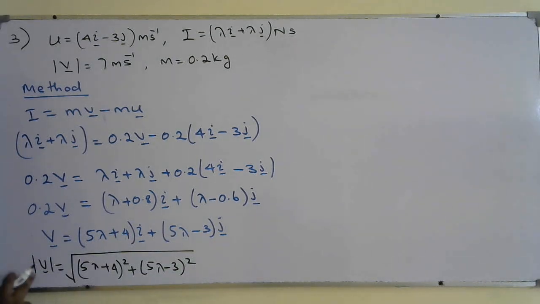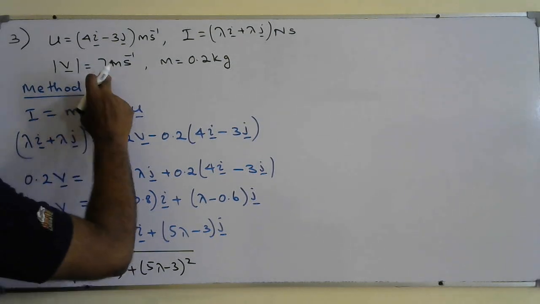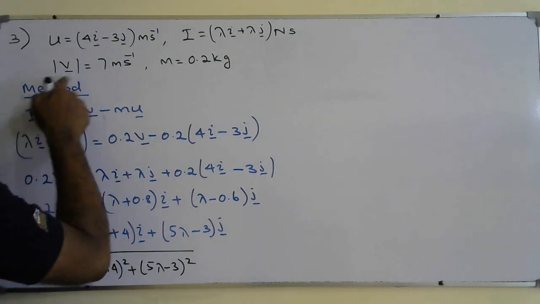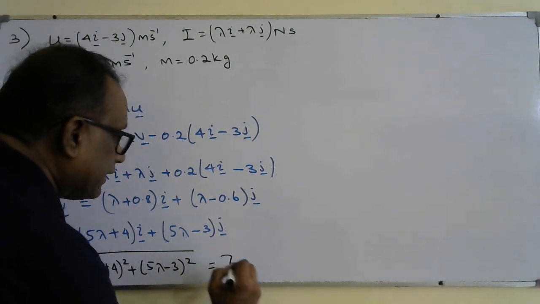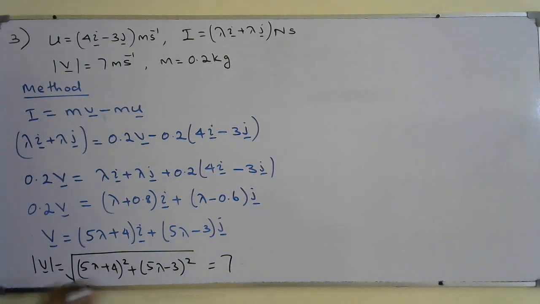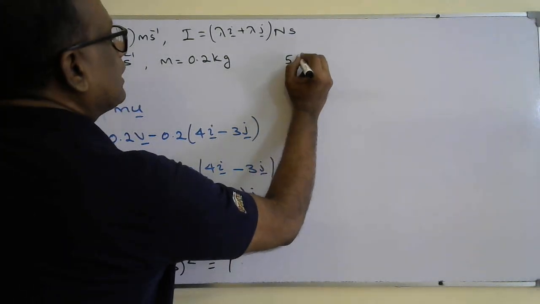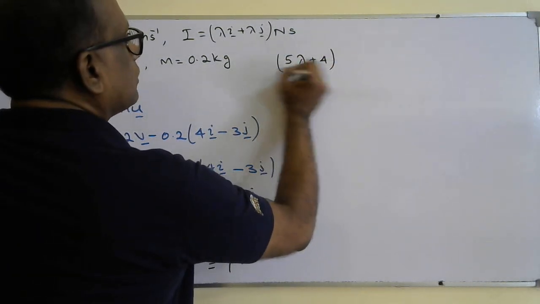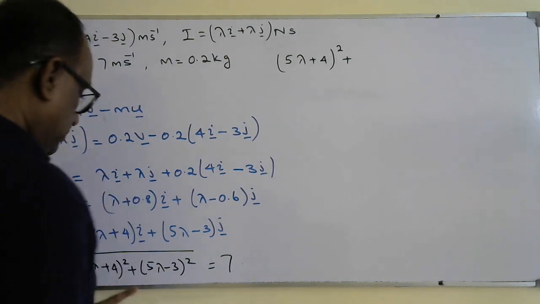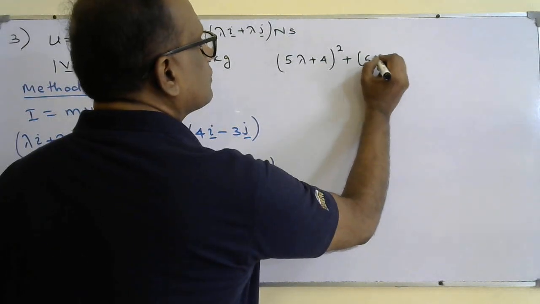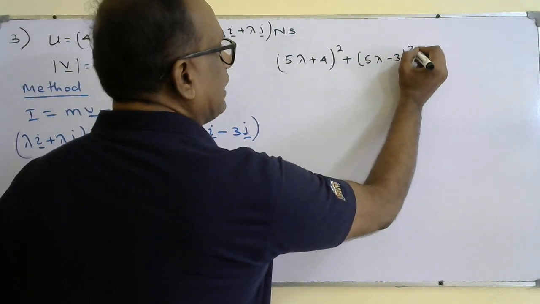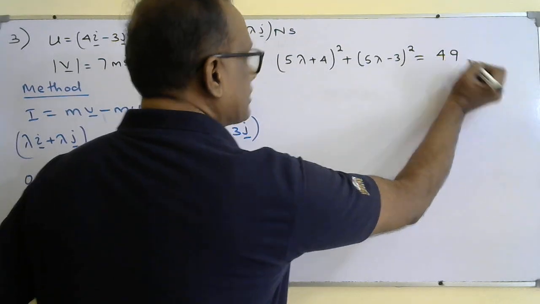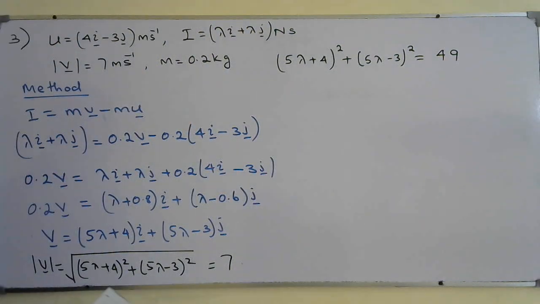But we know the modulus of vector v is given as 7 meters per second. Square both sides to remove the square root. So (5 lambda plus 4) squared plus (5 lambda minus 3) squared equals 49, since the square of 7 is 49.